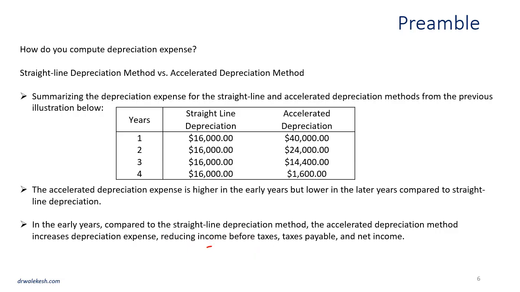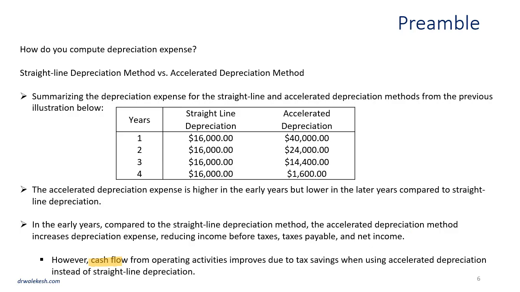If the earnings before taxes are on the low side, that means the taxes payable by such a company will also be reduced. And it is also worth noting that the net income will be reduced, from what we discussed earlier on this slide.